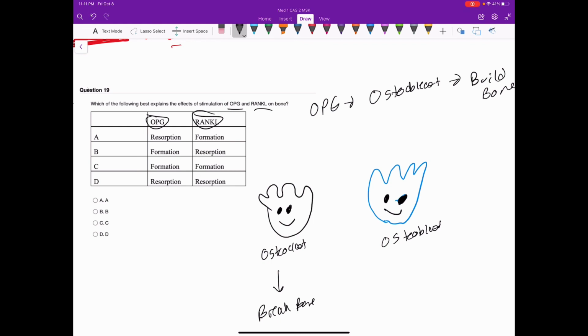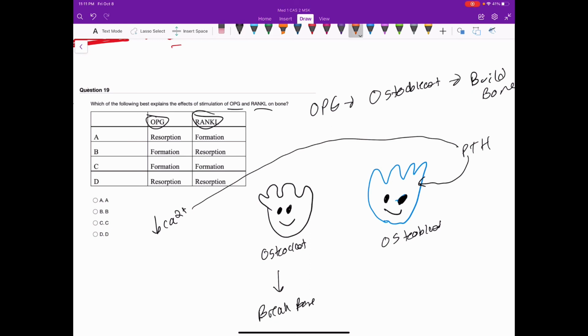So, first let's talk about RANKL. What happens? You have low calcium in the body. Low calcium in the blood is going to stimulate a response. This response is going to stimulate parathyroid hormone. Parathyroid hormone is going to say, yo, osteoblast, do something. Osteoblast is like, okay, well, there's low calcium, so what do you want me to do?